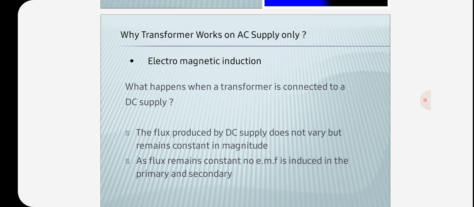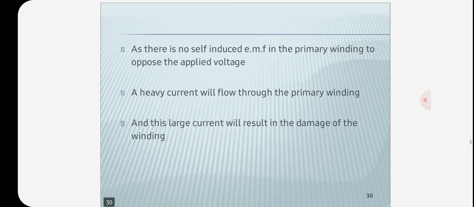The flux produced by DC supply does not vary, but remains constant in magnitude. As flux remains constant, no EMF is induced in the primary and secondary.